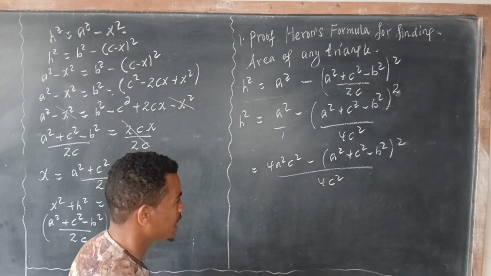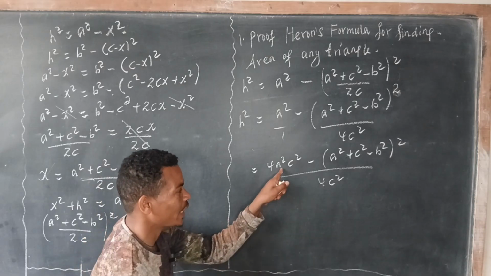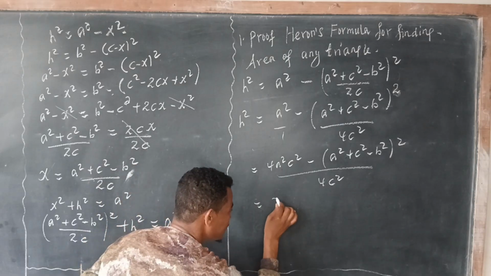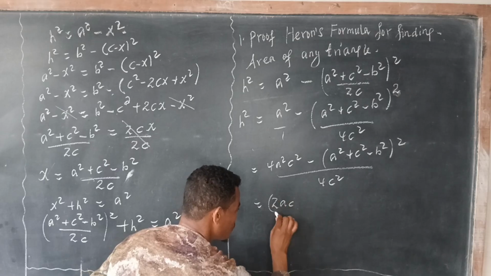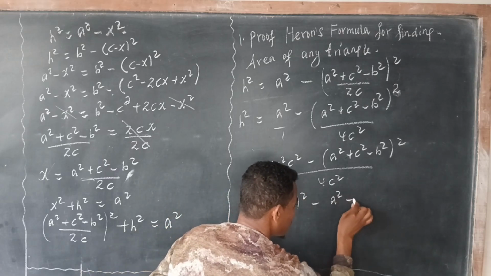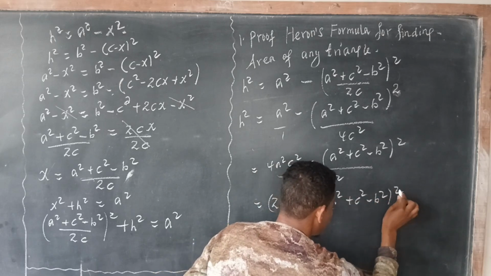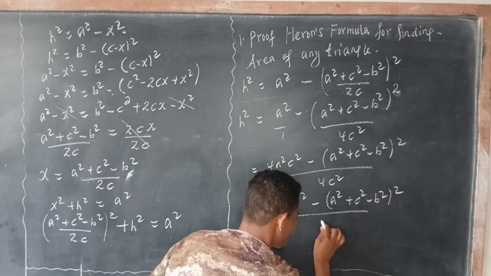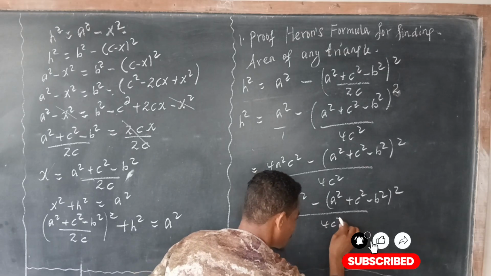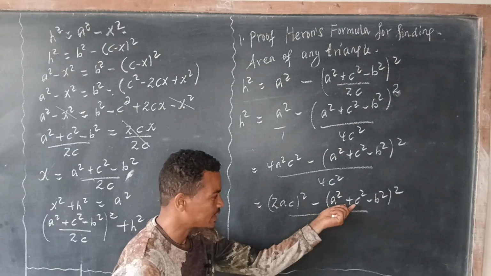Now what can we do? This is the same as 4a square c square, that is (2ac) the whole square, minus (a square plus c square minus b square) the whole square, over 4c square. And this is (2ac) square minus this one square.